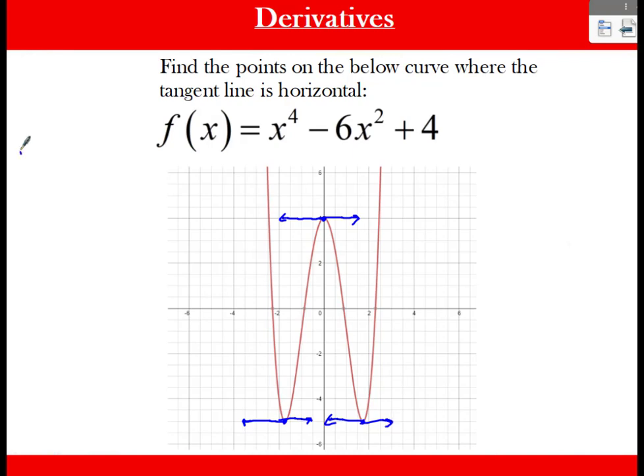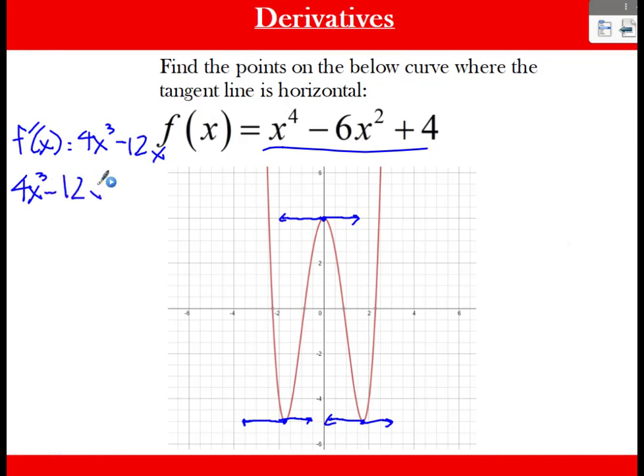So I'm going to find the derivative of our original function, this one right here, and it ends up being 4x cubed minus 12x. That is f prime. To find where the derivative is equal to 0, where it has a horizontal tangent line, I set the derivative equal to 0. And then I'm basically going to be solving an algebra 1 equation. I'm going to factor out 4x.